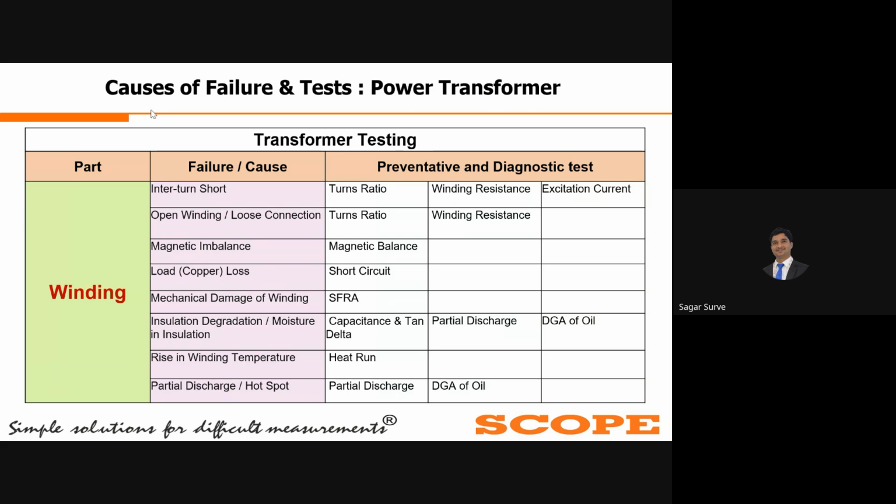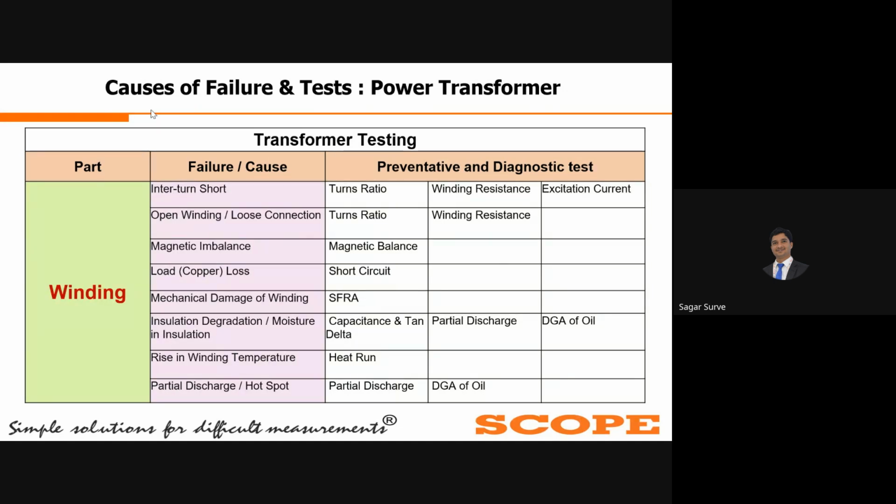Similarly, we can perform a magnetic balance test on the transformer to check whether there is any magnetic imbalance, or any mechanical damage of the winding, meaning misplacement of the transformer core, or misplacement or incorrect placement of the transformer winding.